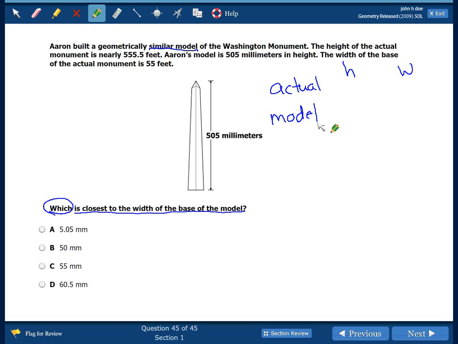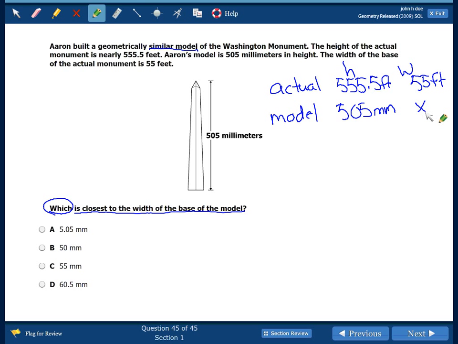The height of the actual monument is nearly 555.5 feet. And Aaron's model is 505 millimeters. The width of the base of the actual monument is 55 feet. So which is the closest to the base of the model?